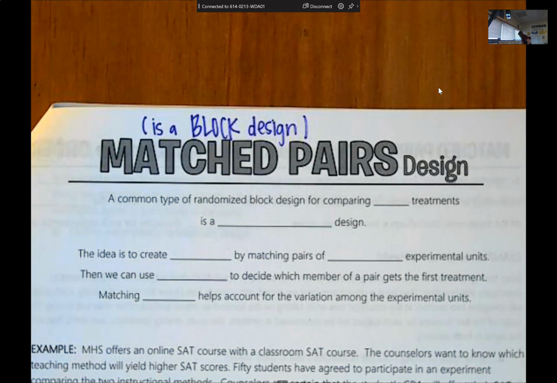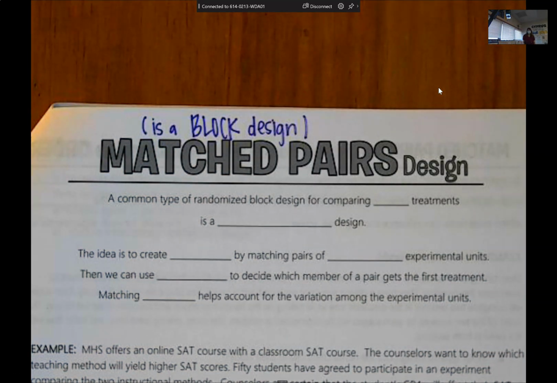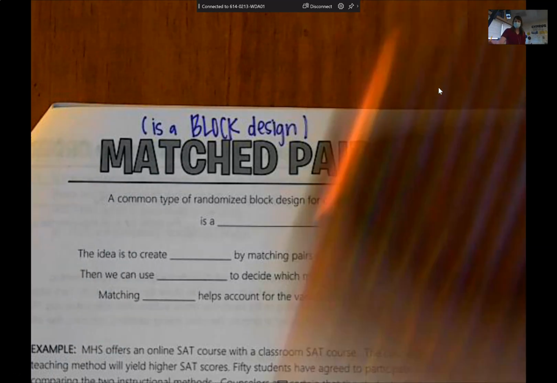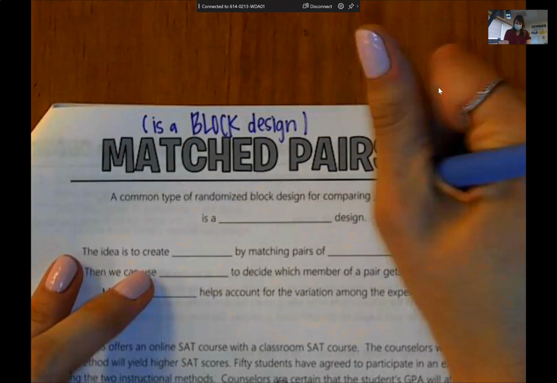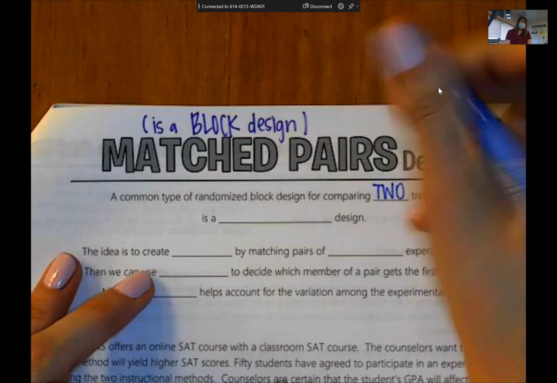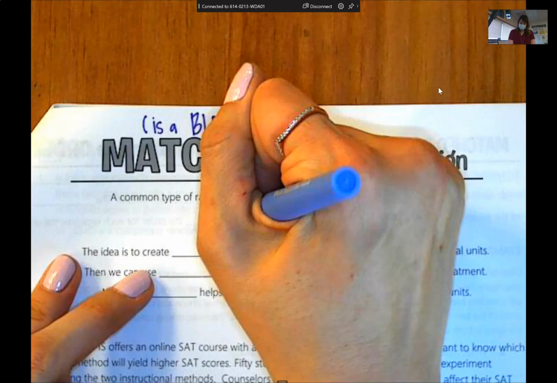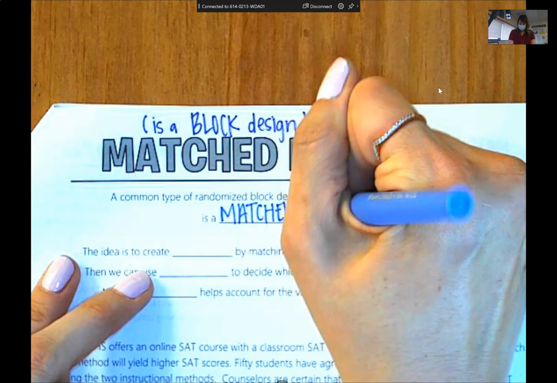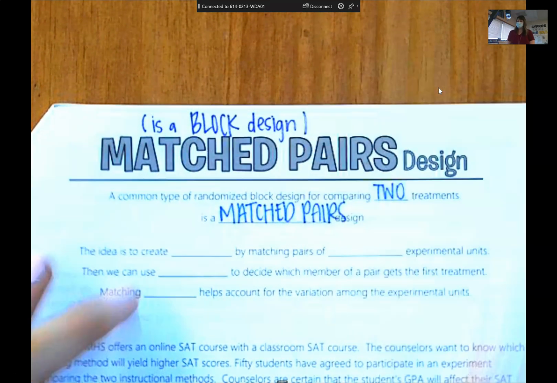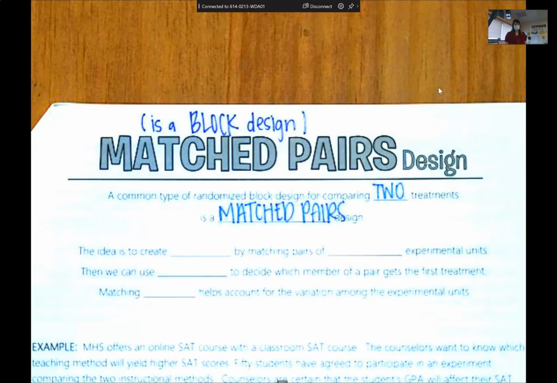We're carrying on with this idea that we know there's a variable that will have an effect on our response. So, a common type of randomized block design for comparing two treatments is a matched pairs design. We have to keep in mind here that this is for two treatments.